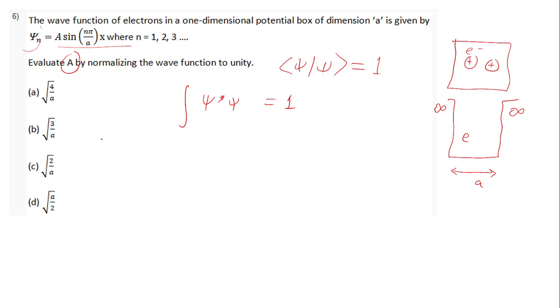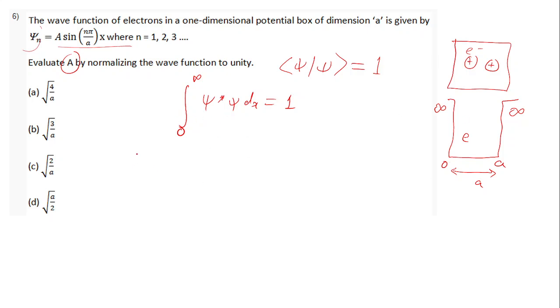Let's see how. This is the normalization condition, with dx here, and x goes from 0 to infinity in general, but here the particle can move only from 0 to A.